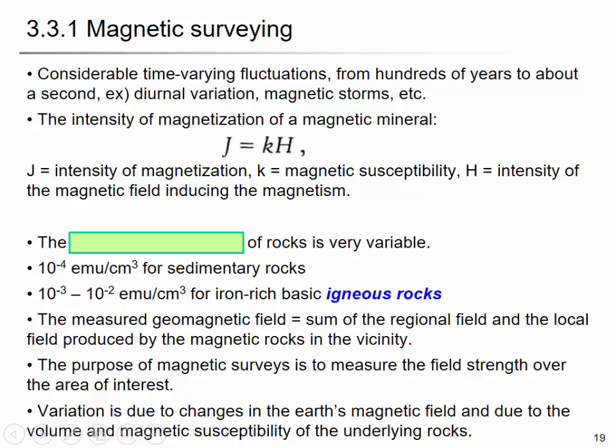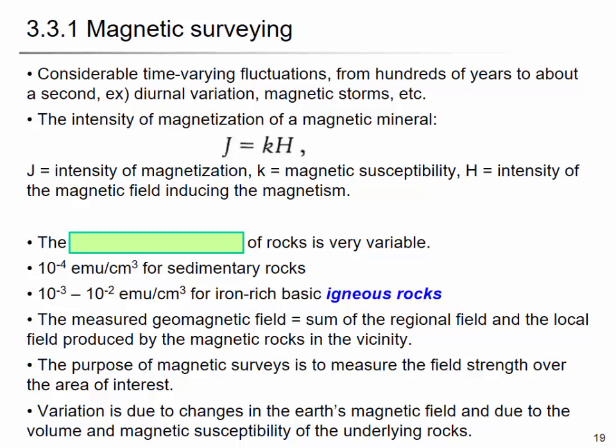So if you apply a field to the iron, then it will be magnetized, and it will be a very strong magnet, right? And if you apply the magnetic field to wood, and wood doesn't have ferromagnetism, right? So it would not be magnetized. So K will be smaller. So K will tell you the magnetic susceptibility, and higher K means they can be magnetized more easily.